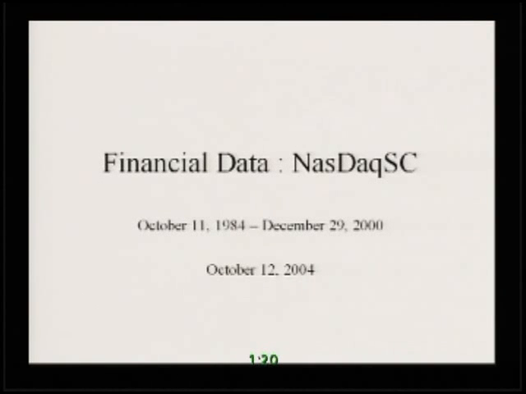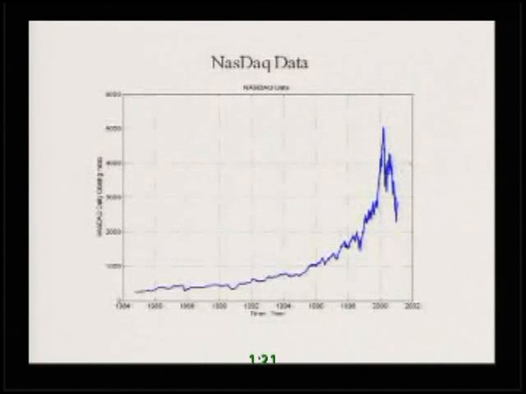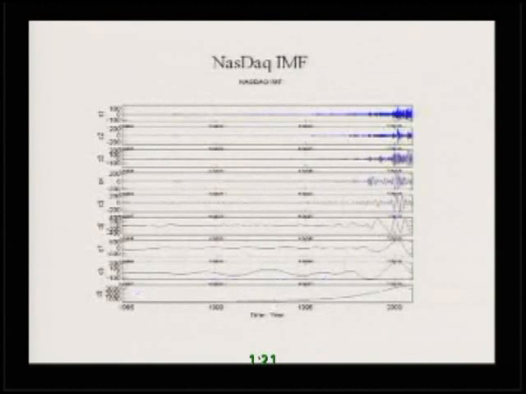Now, I'm going to go through the last part of this, where we start to look at the stock market. The stock market is NASDAQ. NASDAQ data looks like this. If you take this NASDAQ data and analyze it with EMD, you're going to get 9 components, and that's it. The last one is clearly the trend.